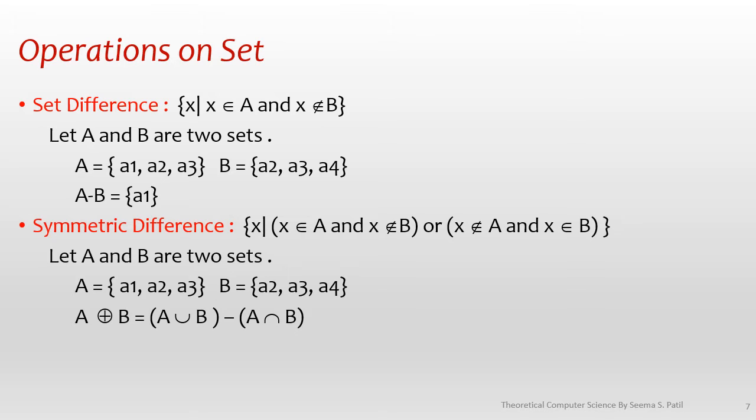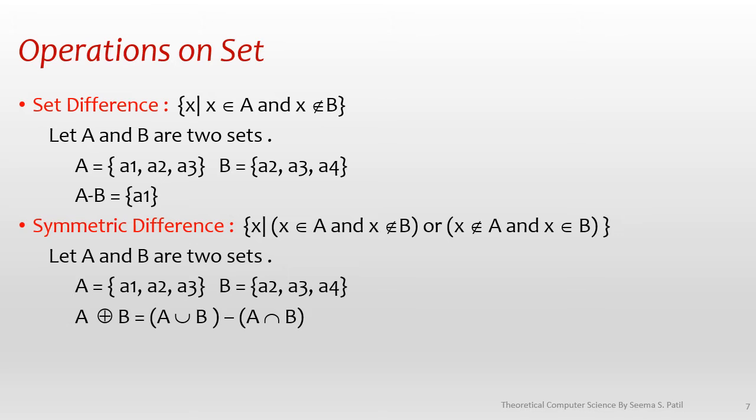Next is symmetric difference. Here X such that X belongs to A and X does not belong to B, or X does not belong to A and X belongs to B. Let A and B be two sets. A equal to {A1, A2, A3} and B equal to {A2, A3, A4}.